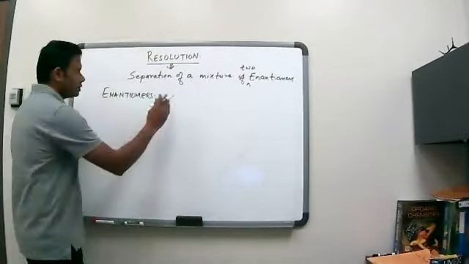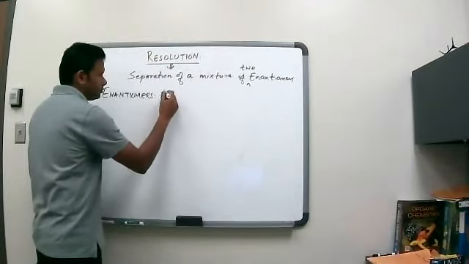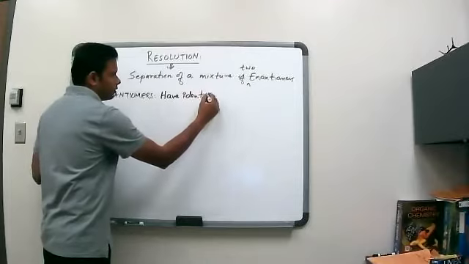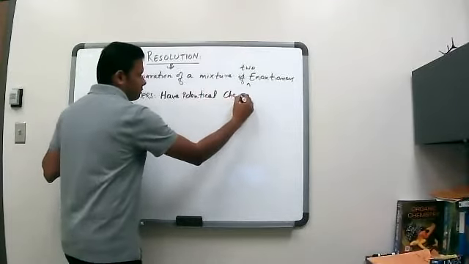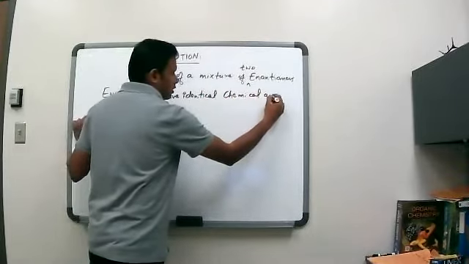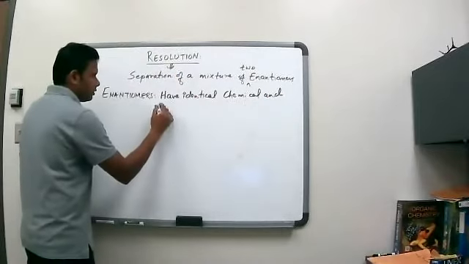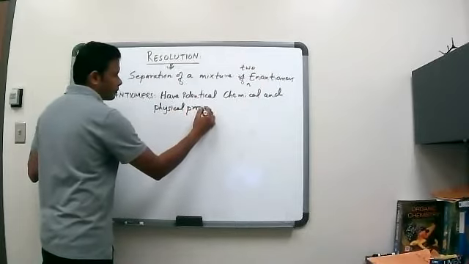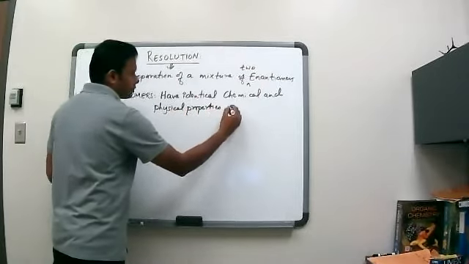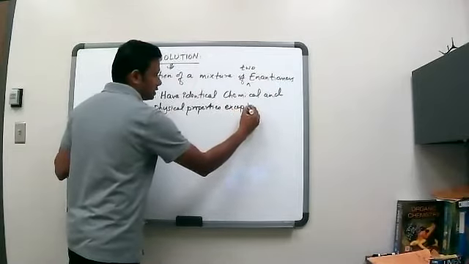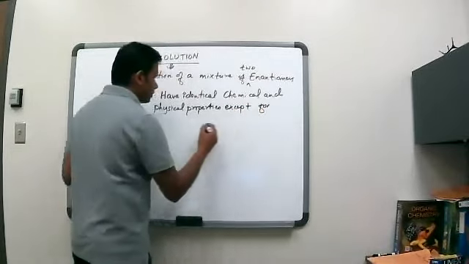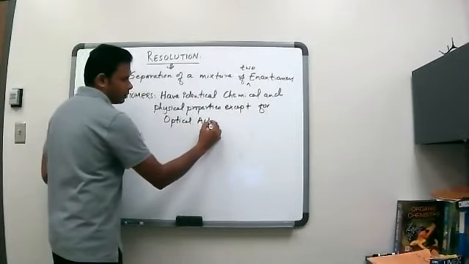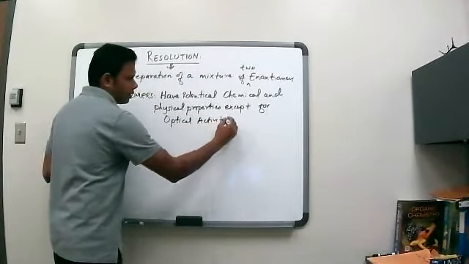Okay, so enantiomers have identical chemical and physical properties, except for optical activity.